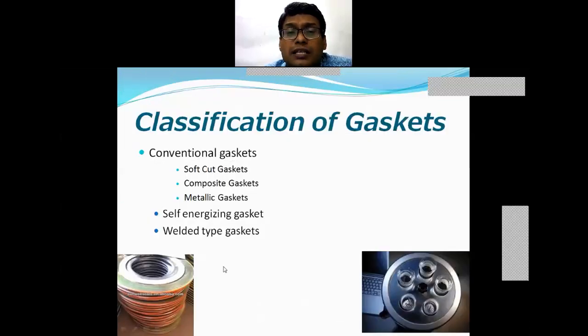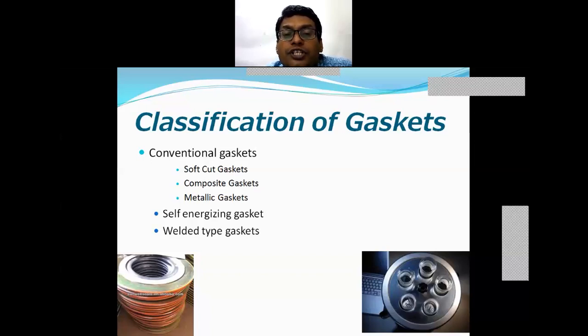Now coming to the classification of the gasket. The gaskets can be classified as conventional gaskets, self-energizing gaskets, and welded type gaskets. So this is the classification of the gasket: conventional gasket, self-energizing gasket and welded type gasket.